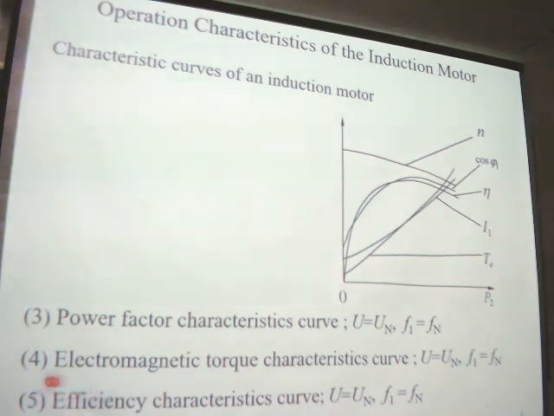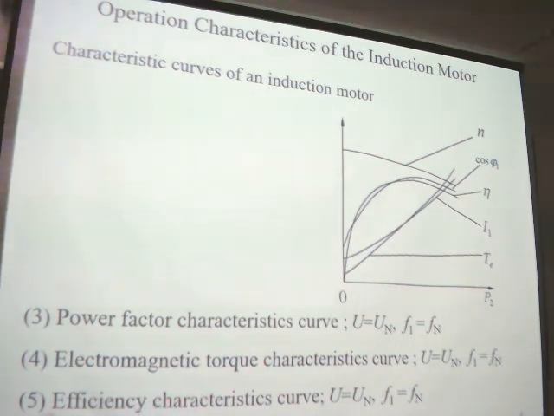And the fourth is the torque. We studied how to calculate the torque of the induction machine last week. Here, we just give the curves. The torque here is the electromagnetic torque.